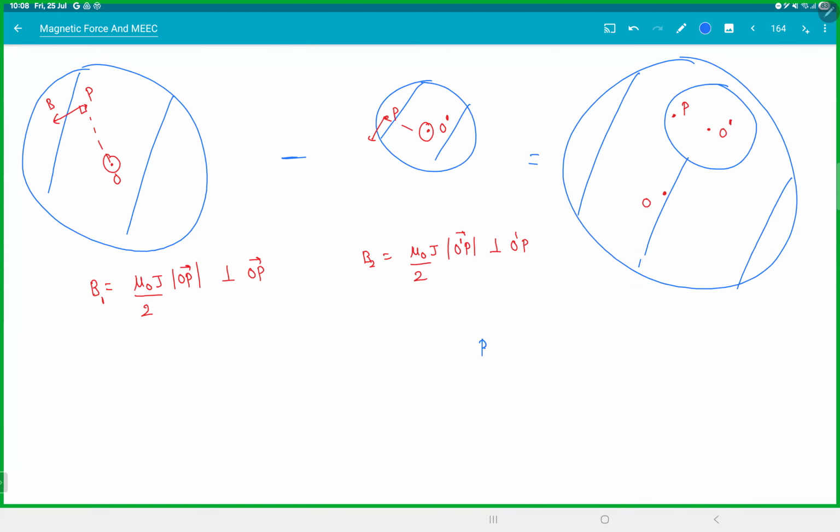Therefore, the field inside the cavity will be simply B1 minus B2. If you subtract OP bar minus O dash P bar, this can be written as OP bar plus PO dash bar, which becomes OO dash bar. So you get the result mu naught J by 2 times the magnitude OO dash. The direction is perpendicular to OO dash bar.